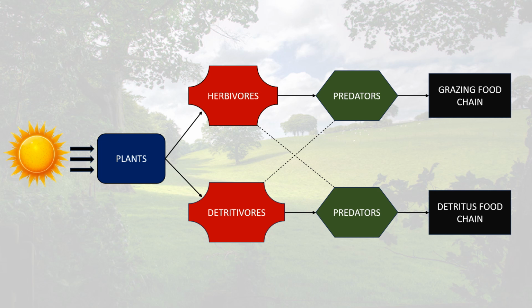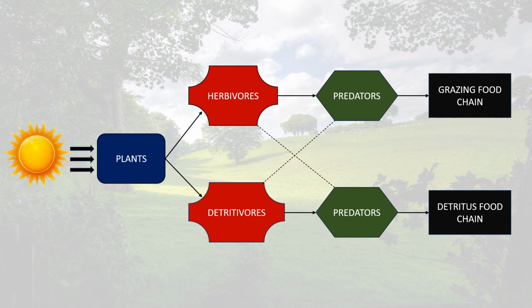The plants are eaten by the herbivores, and herbivores are consumed by predators, and this shows the grazing food chain. But in the case of detritivores, the detritivores consume the dead and decaying matter of the plants, and are consumed by predators.